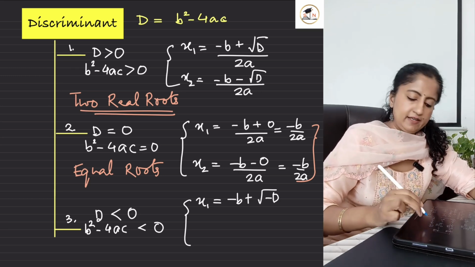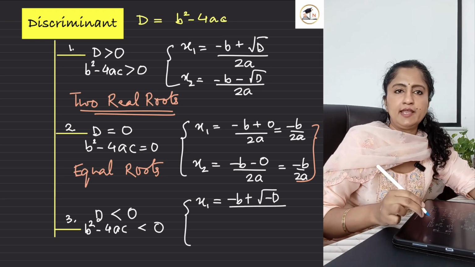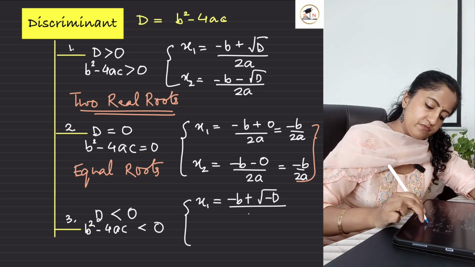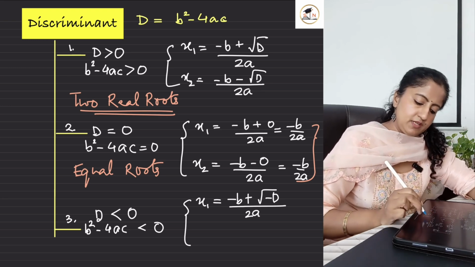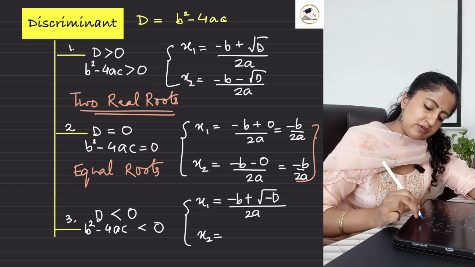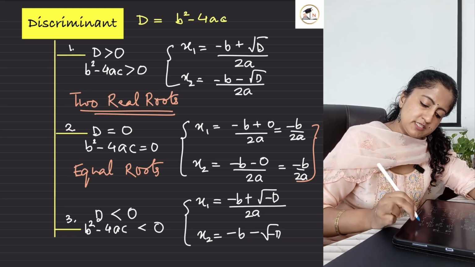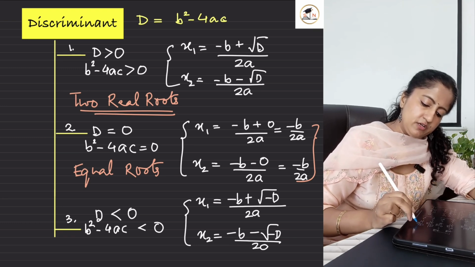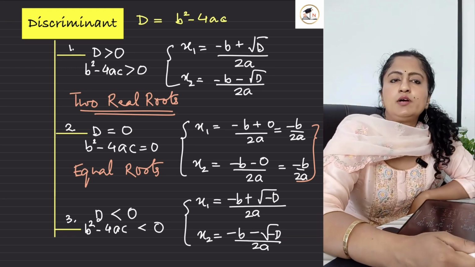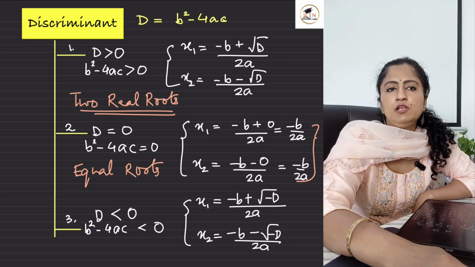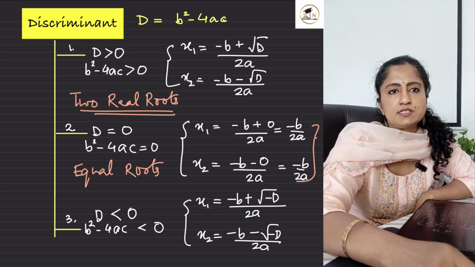I'm just taking it negative inside the root because d is negative, being less than 0, over 2a. And similarly, x2 comes out to be minus b minus in the root minus d whole divided by 2a.